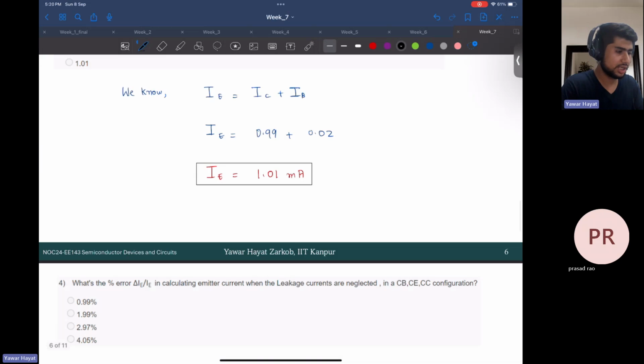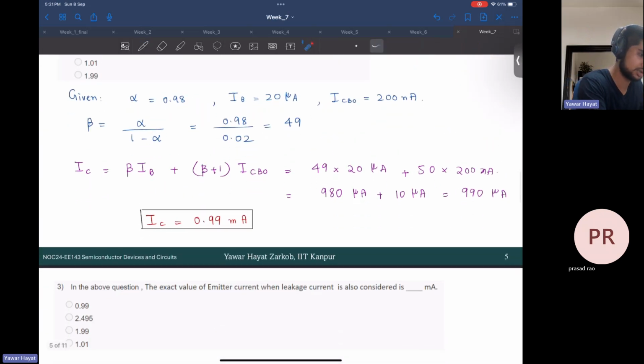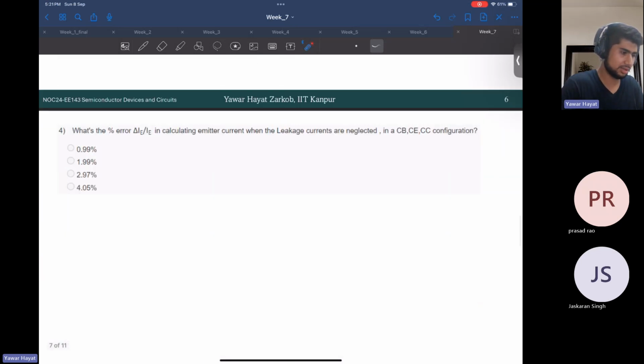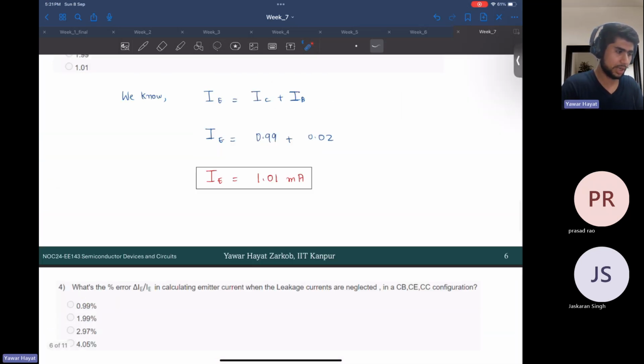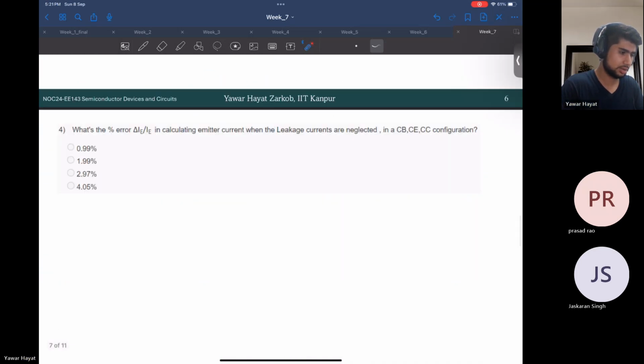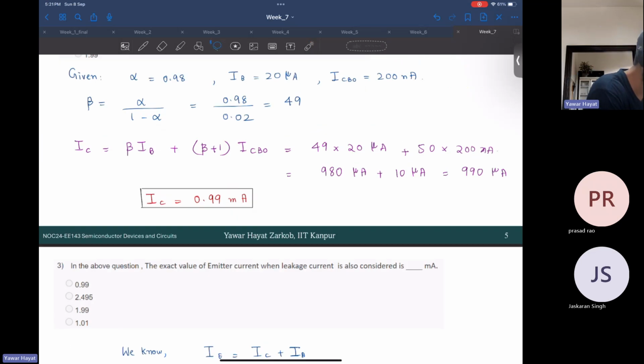You have already computed IC in which leakage current was considered, right? Now the question is saying, don't consider the leakage current. Compute IC without leakage current, and then compute the percentage error in IE, delta IE by IE. So in my opinion, this is a simple one. So I expect you to answer this. Wait, I'll copy the relevant equations and then wait for you.